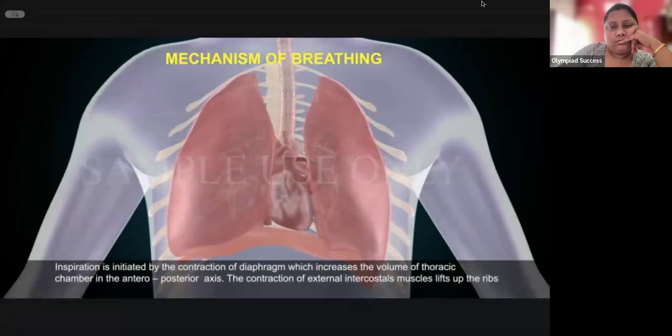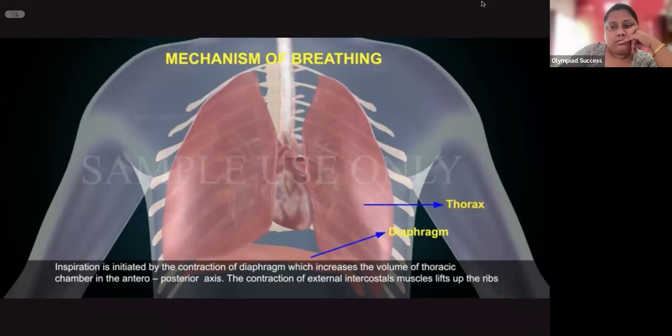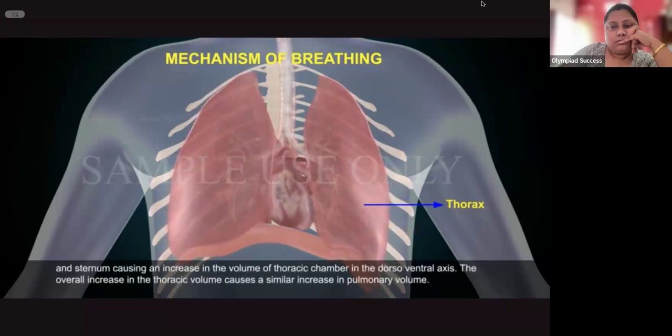Inspiration is initiated by the contraction of diaphragm, which increases the volume of thoracic chamber in the antero-posterior axis. The contraction of external intercostals muscles lifts up the ribs and sternum, causing an increase in the volume of thoracic chamber in the dorsoventral axis. The overall increase in the thoracic volume causes a similar increase in pulmonary volume.